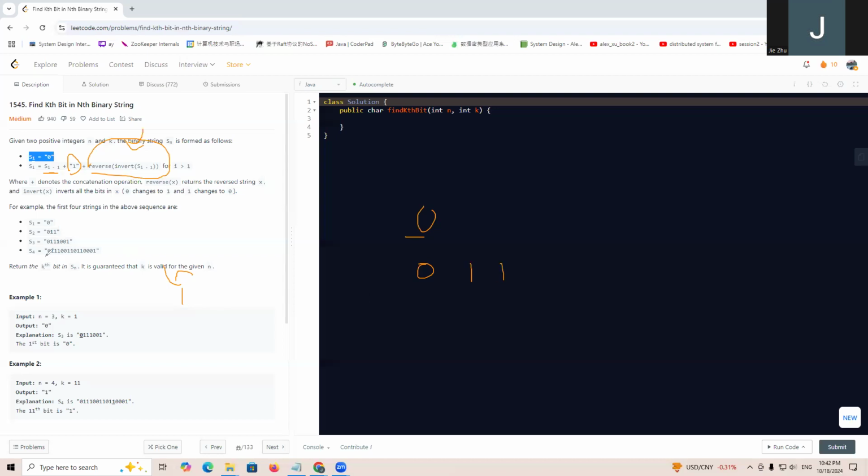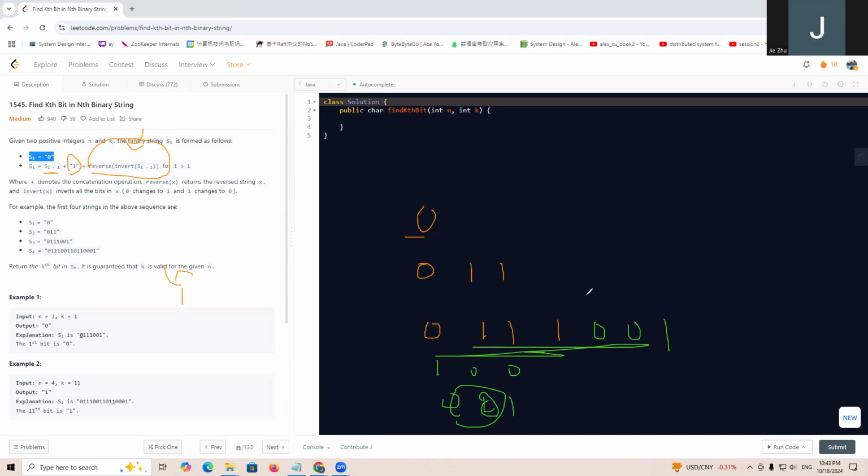The next round, we first get Si minus 1, then append 1, and then invert it to get 1, 0, 0, and reverse it, that is 0, 0, 1, and append that to this, right?